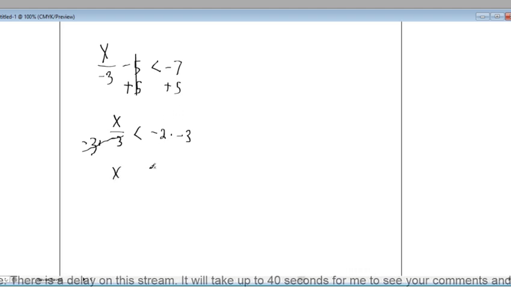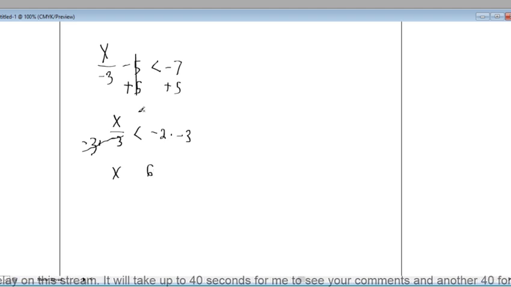This is now positive 6. And thus, because we have multiplied both sides by a negative, thus changing the signs of both sides, our inequality flips. So now x is greater than 6.